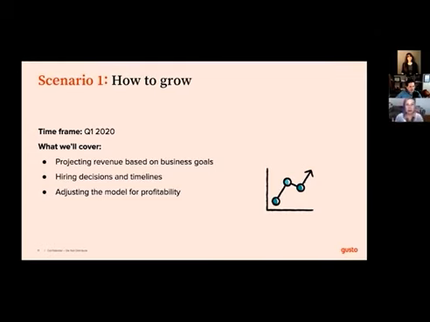So we're using this template to grow and to scale. What we're going to cover in this modeling is we're going to project our revenue based on our business goals. We're going to look at hiring decisions and timelines, and how that's going to affect the overall model as well as our cash flow. And then we're going to look at how we can adjust the model for profitability.